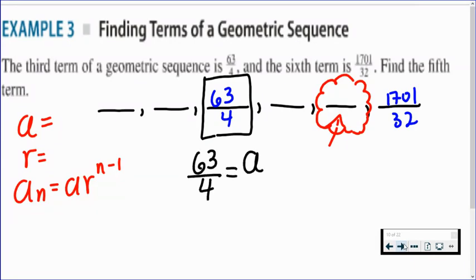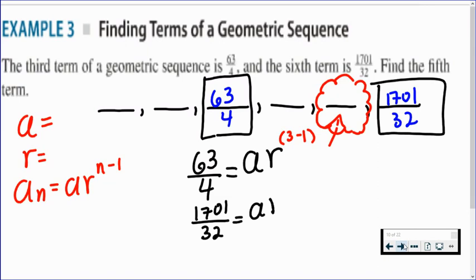I don't know what the A is, but I know that this is the third number on the sequence. And I will do the same for the second one. This is my sixth number on the sequence.